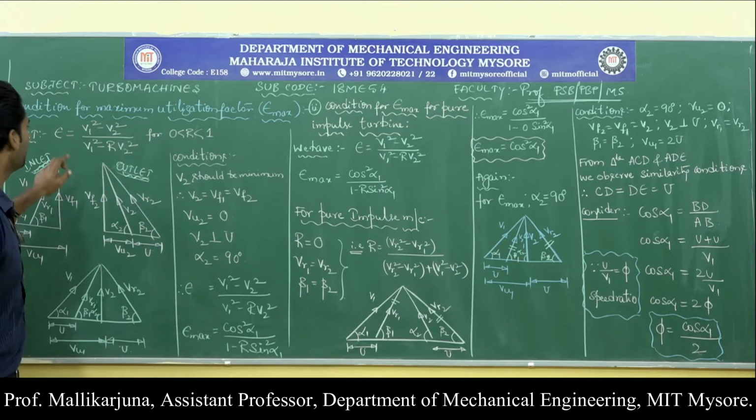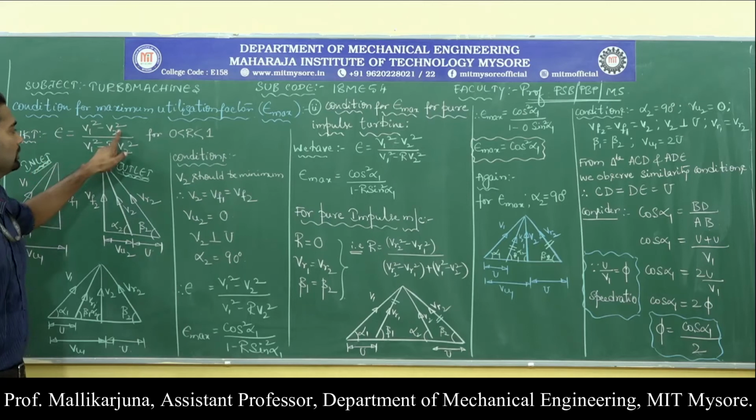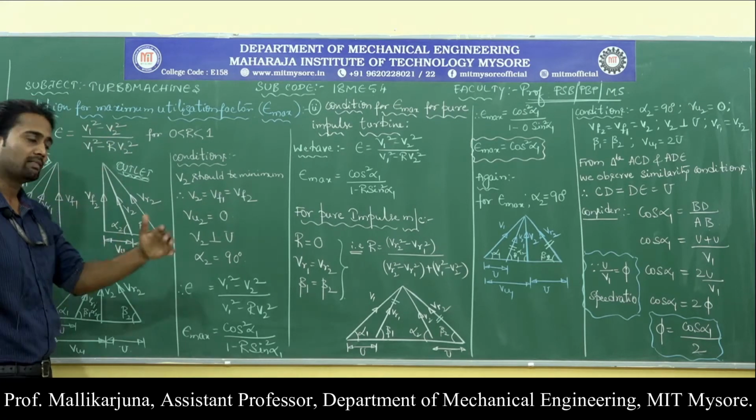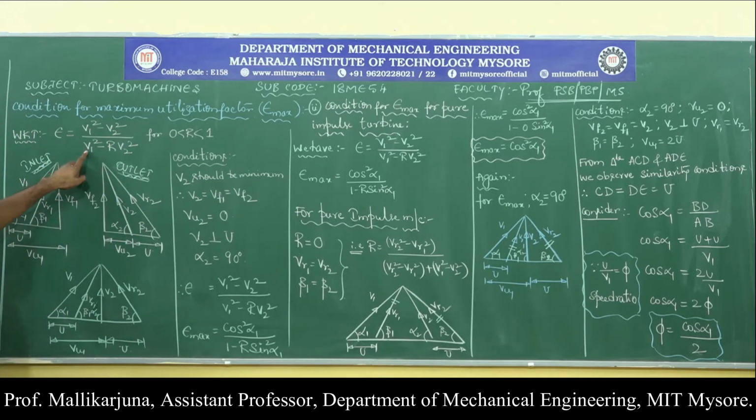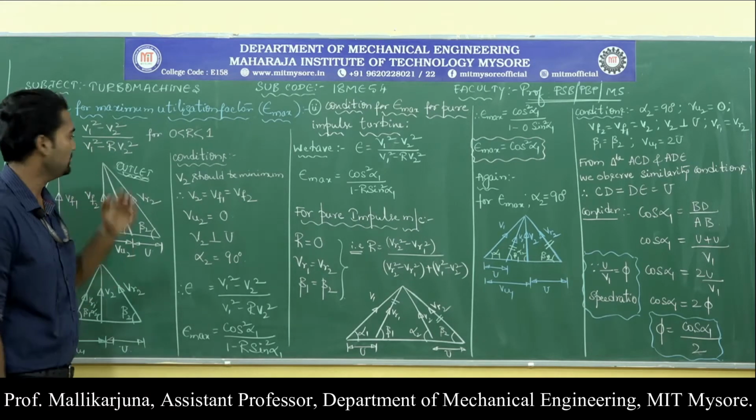Now, this equation, epsilon, where epsilon stands for utilization factor, is given by V1 square minus V2 square divided by V1 square minus R times V2 square, where V1 is the absolute velocity at the inlet, V2 is the absolute velocity at the outlet, and R is nothing but the degree of reaction.